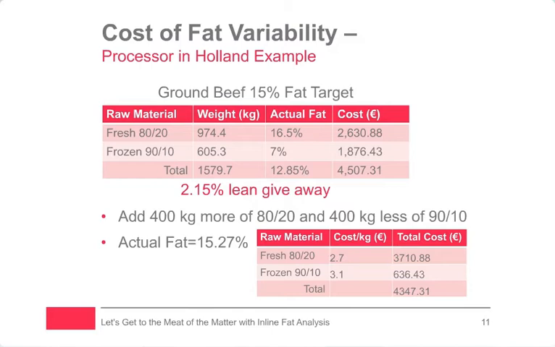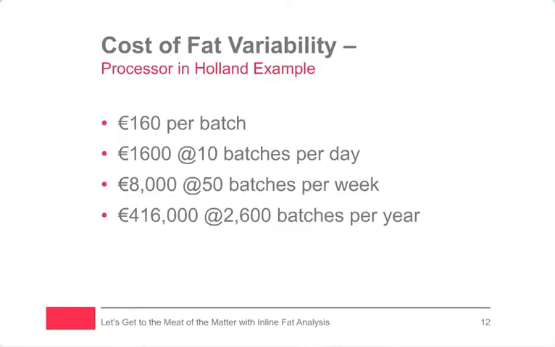We can see there is a difference of approximately 160 euros between the actual target and what could have been produced. When you scale this up through 10 batches in a day, as this manufacturer was running, it equates to nearly 1,600 euros a day, which is 8,000 euros a week, or over 400,000 euros a year.